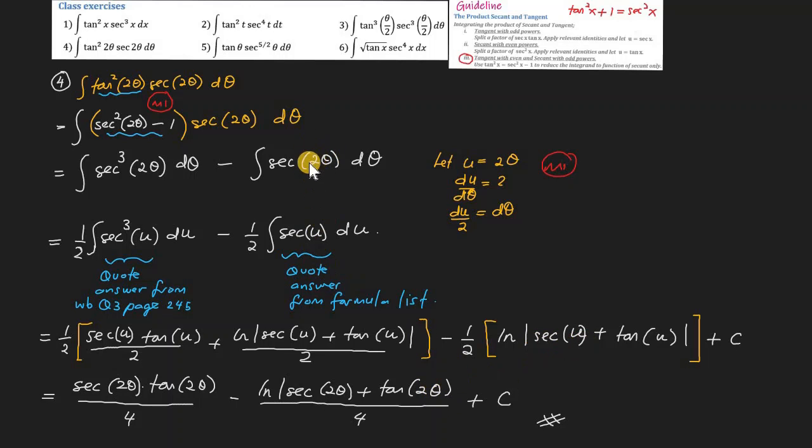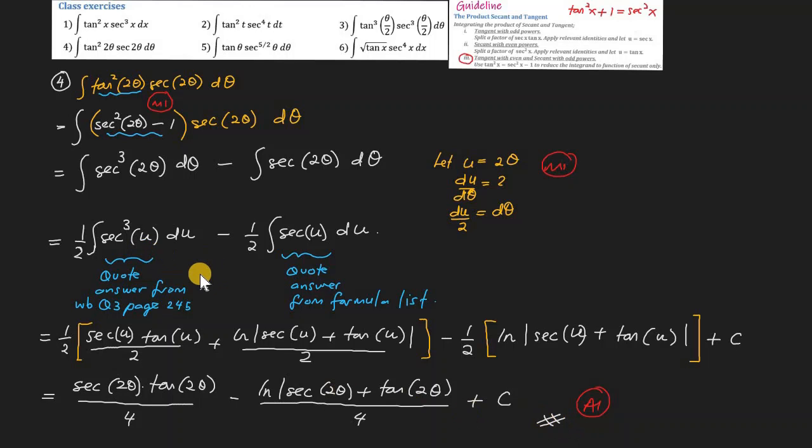Another way to say it, your integral of secant 2 theta, you cannot read straight away from the formula list given. You have to change it as a single angle u, for example. Right, so for this question number 4, that is the answer. Okay, the last line. It will carry lots of marks because of this part. Right, and that will be the last answer.